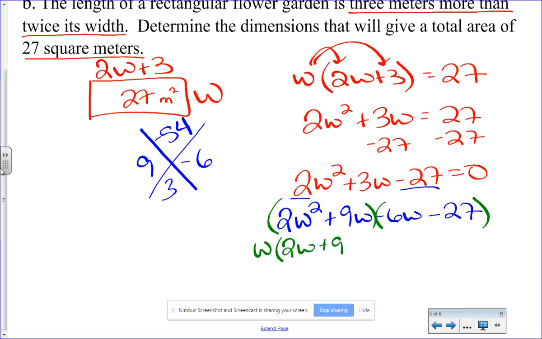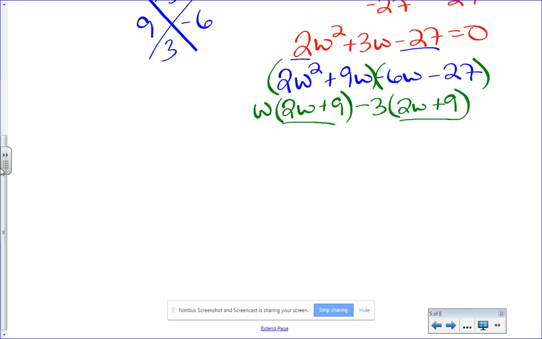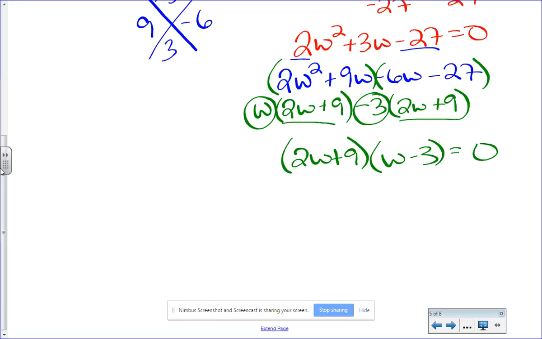So I'm left with 2w plus 9. And then for the second group, I actually divide by a negative 3. So negative 6 divided by negative 3 is positive 2. Negative 27 divided by negative 3 is positive 9. Since my two groups match here, I'm going to bring that out front. So I have 2w plus 9, and then this w and minus 3 make my second group.